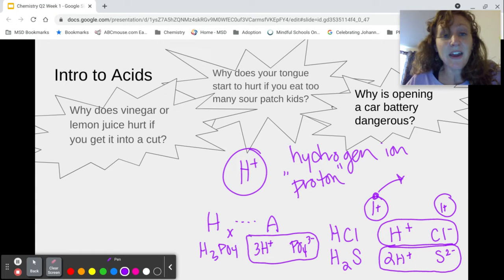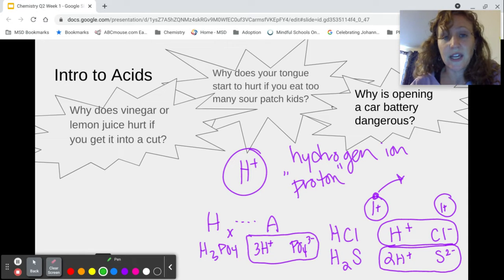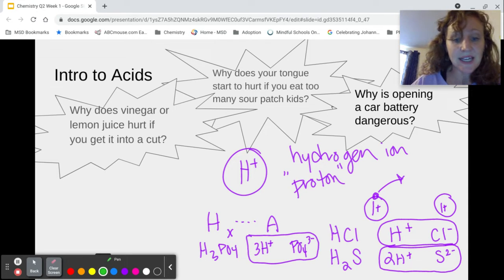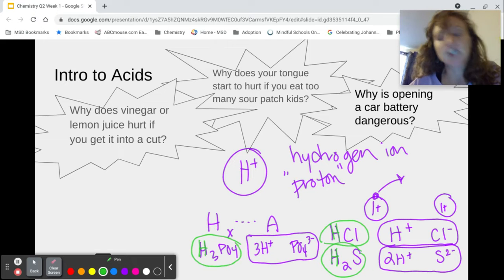So notice every single acid is going to involve a hydrogen ion, and that's actually how you recognize acids as well, because the compound starts with a hydrogen. If you find a compound that starts with a hydrogen, it's an acid, or at least it can act as an acid.